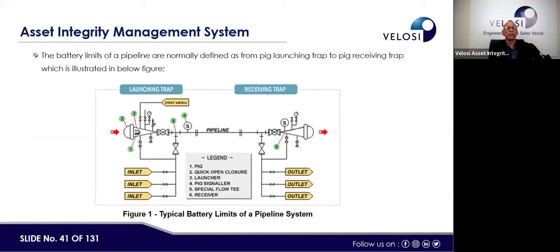What are the boundary limits for our typical standard? The practice we're talking about, PIMS, comes from the typical battery limits of the pipeline systems, from one pig launcher to another pig receiver. So these are the boundaries, and it is in between.